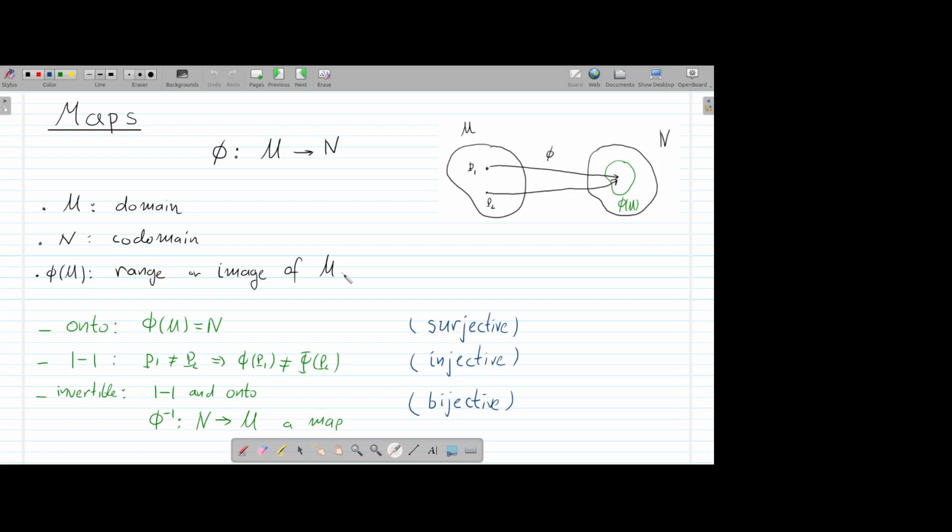Special cases for maps are maps that are onto or surjective.